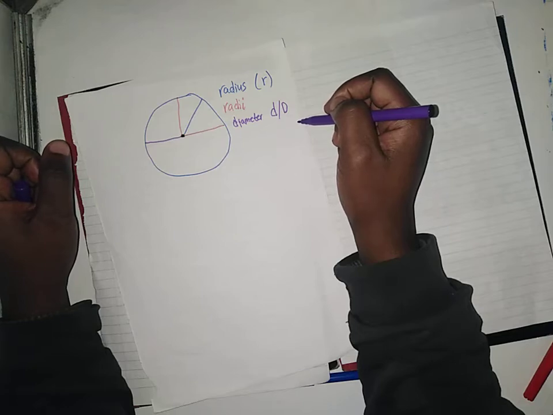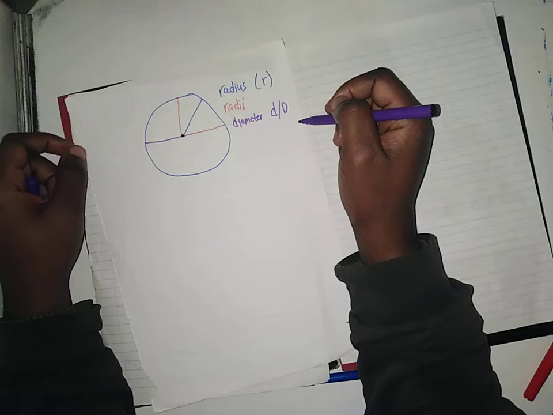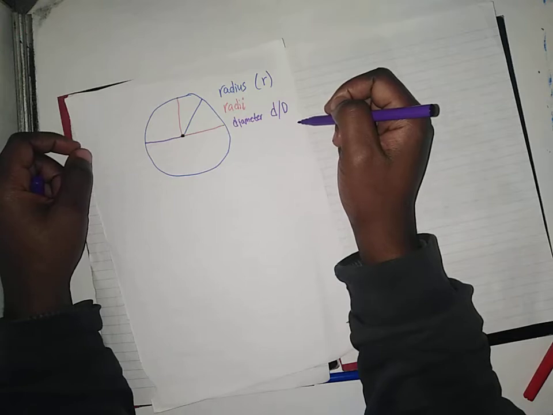Wonderful. So I think by now you can see that there is a sort of relationship that exists between a diameter and the radius. But before we can say that, I just want to emphasize one thing.